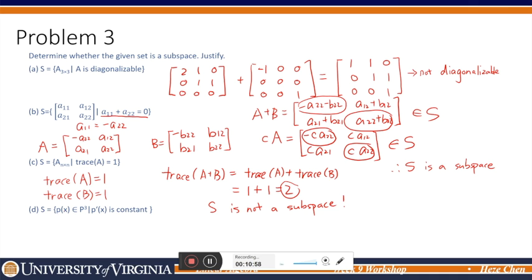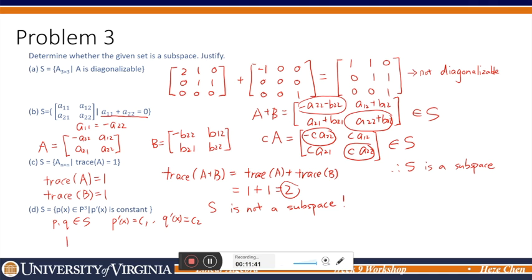D. S is all the P3 polynomial functions whose first derivative is a constant. If we have P and Q inside S, we know that the first derivative of P is equal to C1, and Q also has a constant first derivative, C2.